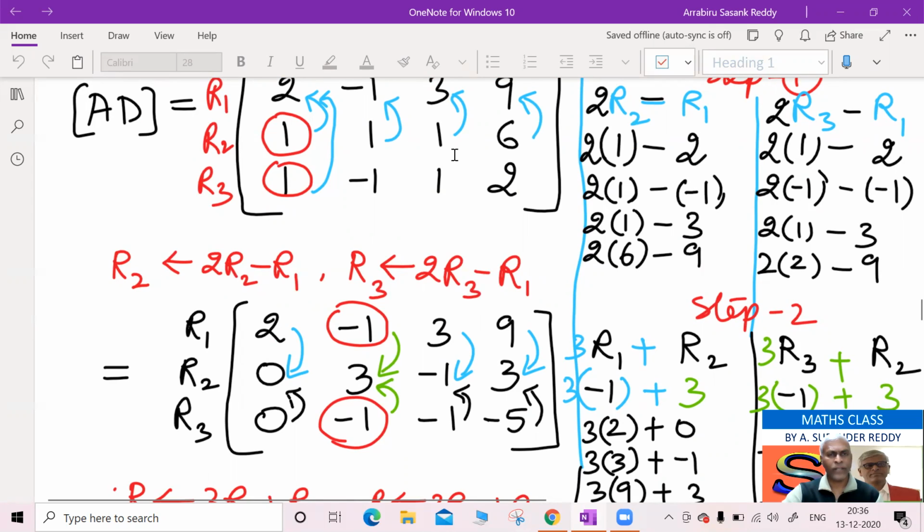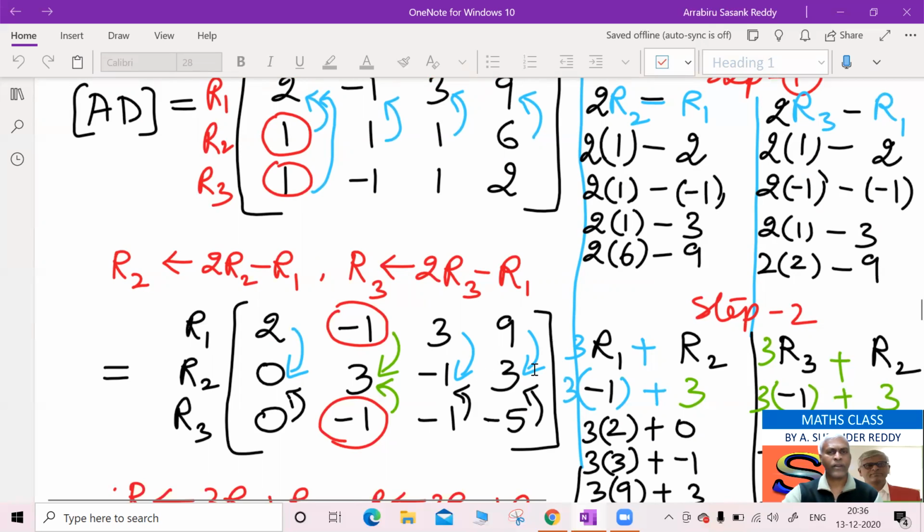For the third elements, take 1 and 3 and substitute in 2R2 minus R1: 2 into 1 minus 3, so 2 minus 3, that is minus 1. The third number of the second row is minus 1.